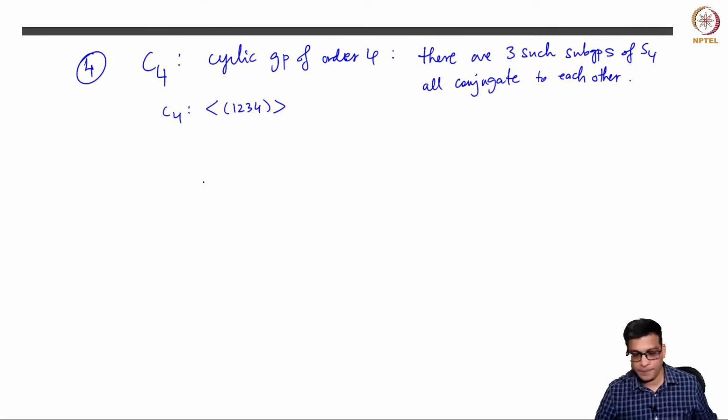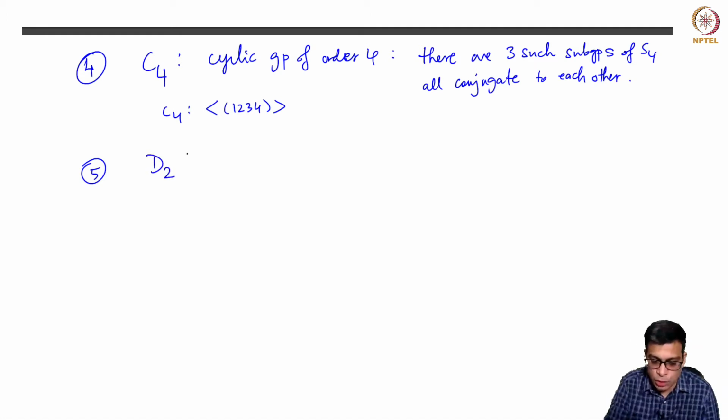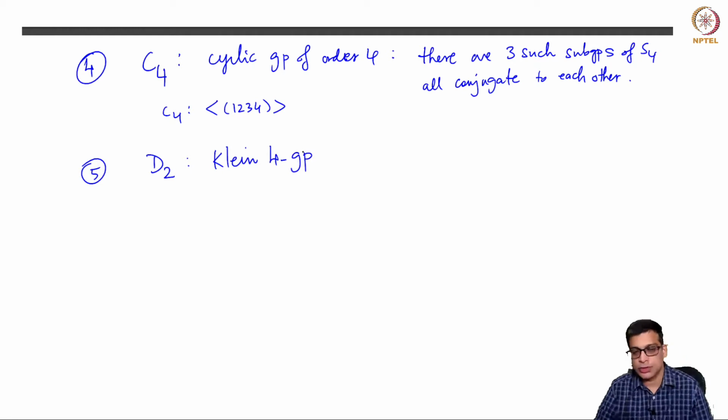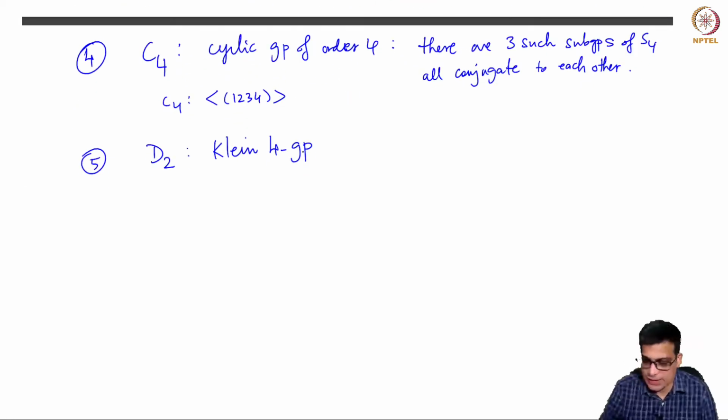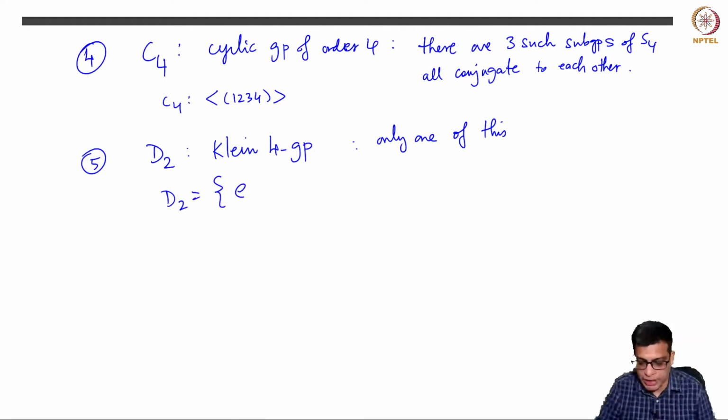I mean there are 3, but they are all isomorphic to C4. And finally you have D2, which is the Klein 4 group. So formally it is a dihedral group of order 4, and there is only one of this, and this is you take disjoint transpositions.